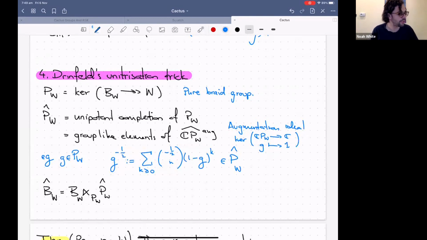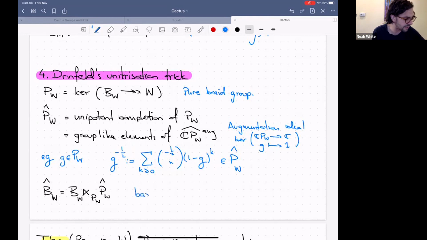Okay, that's going to be important. And then what we do is lift this construction to the entire Braid group. We don't take the unipotent completion of the entire Braid group because that doesn't work well. But if we take the semi-direct product of the Braid group and this unipotent completion and quotient out the overlapping bit, essentially the pure Braid group in both, then you get this completion. This is not so important.